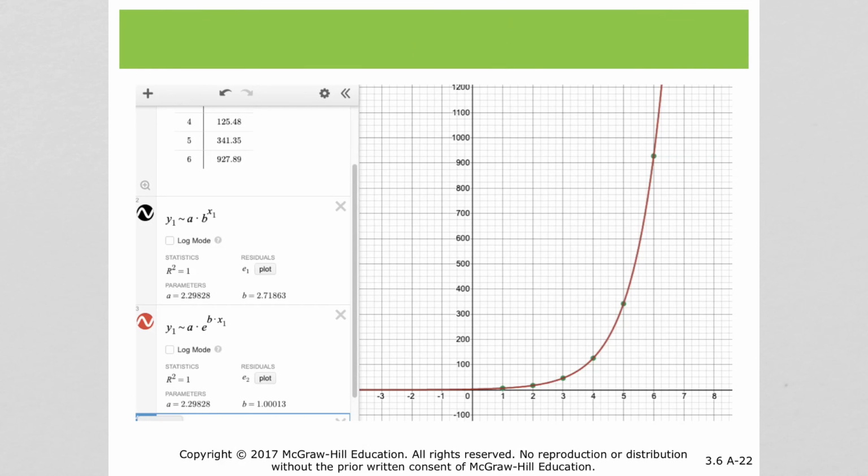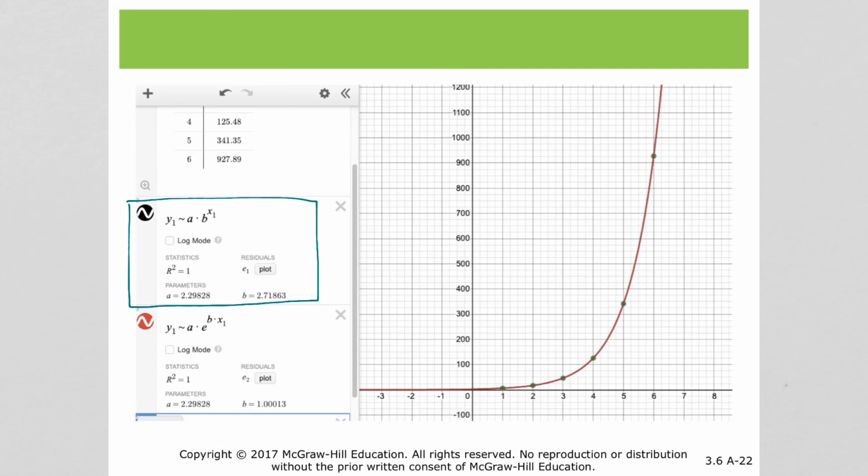To find these in Desmos, for the first one, just like when you were finding the regression for linear equations, you put in your table up at the top, and then you say y sub 1, squiggly, a times b to the x sub 1.